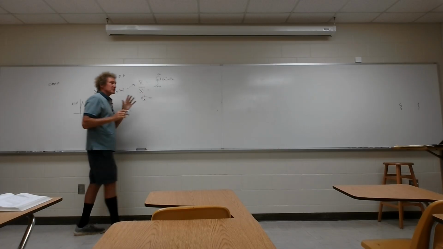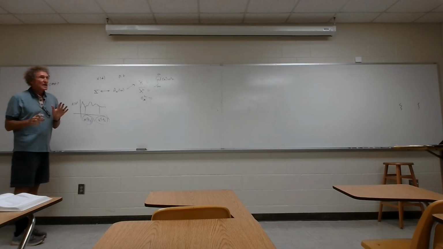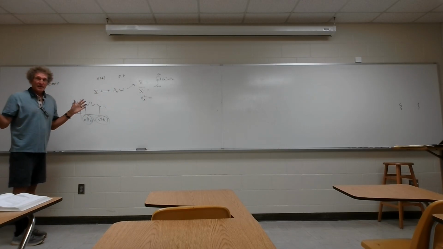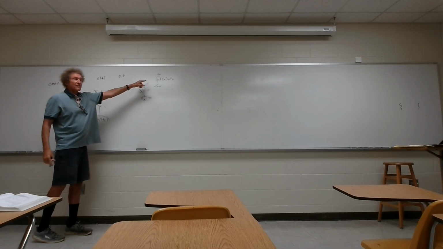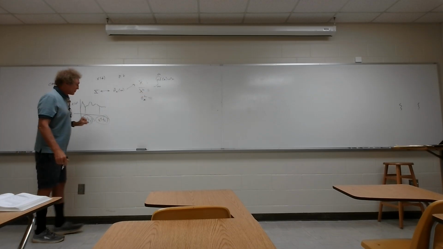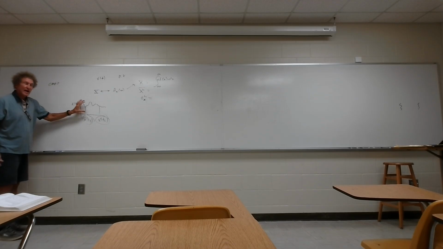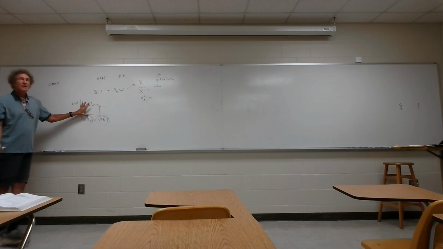Now that is spatial, or I should say it's one-dimensional. There is no time in that. You with me? But if this average value would be the same as taking the average value in the time domain, then it's called ergodic. And the term they use to describe this is wide sense stationary.